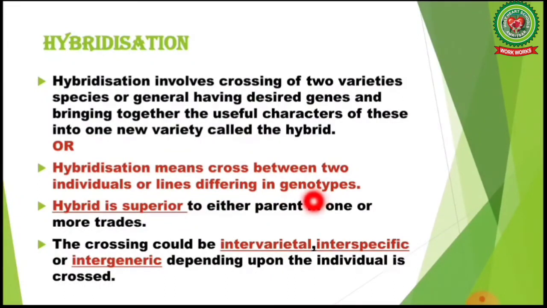Genotype is referred to as the genetic constitution of an individual for any character. A hybrid is superior to either parent in one or more traits. The crossing could be intervarietal, interspecific or intergeneric depending upon which individuals are crossed. When we use the word interspecific, that means between two different species. When we use the word intervarietal, it means two different varieties.